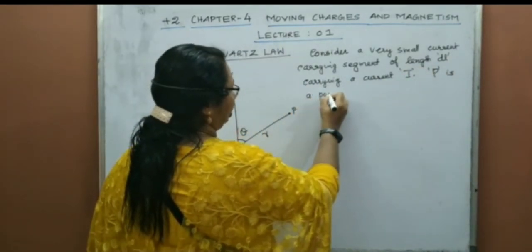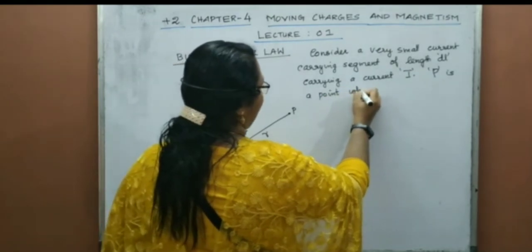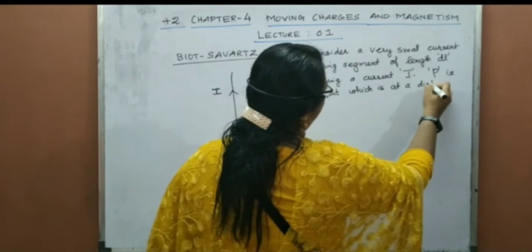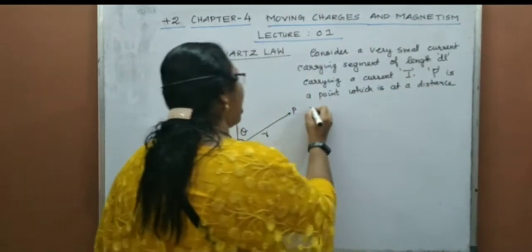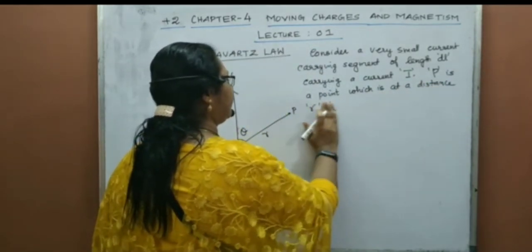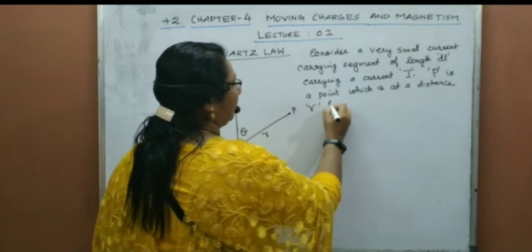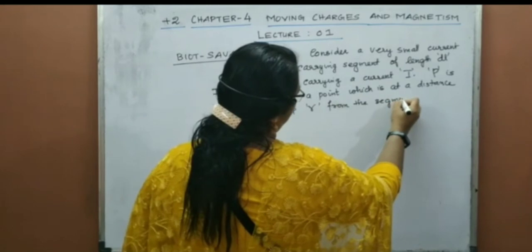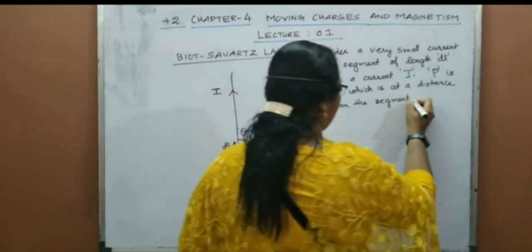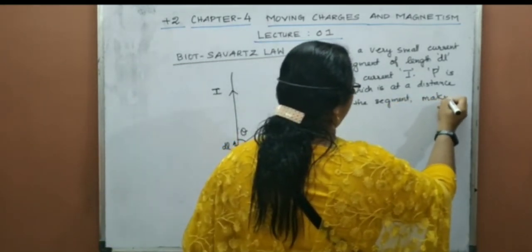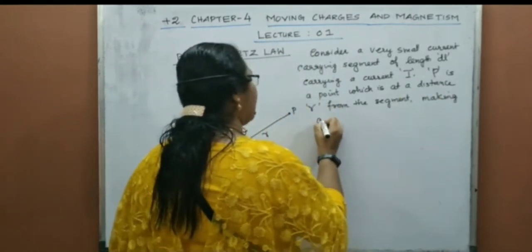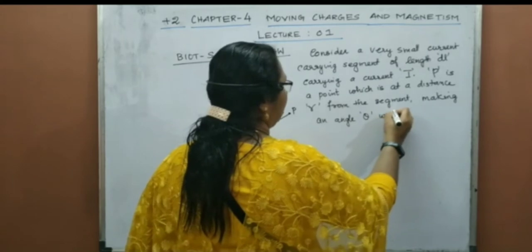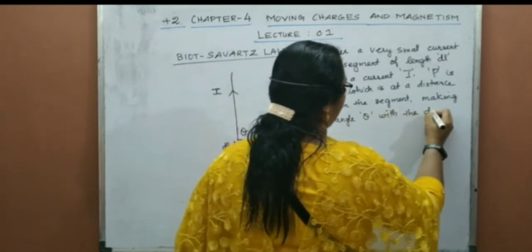P is a point which is at a distance r from the segment, making an angle theta with the direction of current.